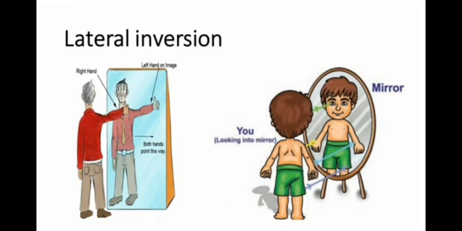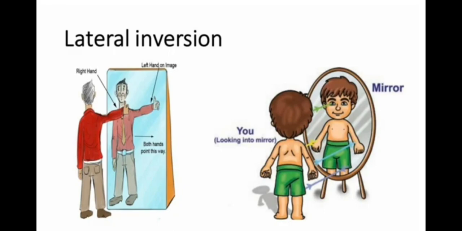The arrow from the head is directed to the top of the mirror, and the arrow from the feet is directed towards the bottom. The arrow from the left hand goes to the left side of the mirror, and the arrow from the right hand goes to the right side of the mirror.